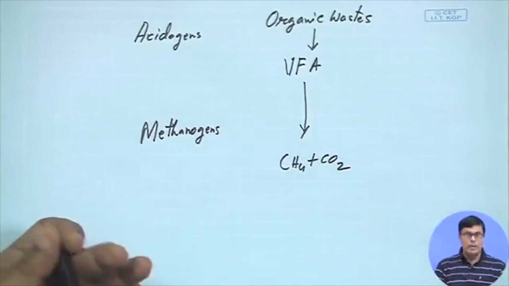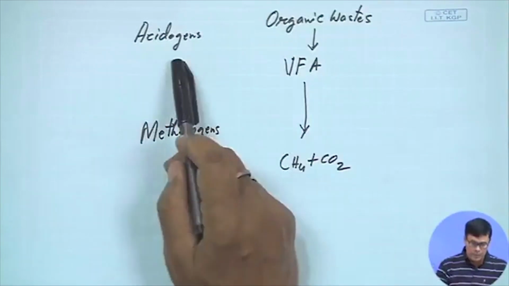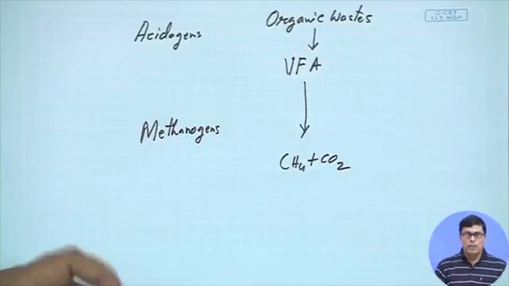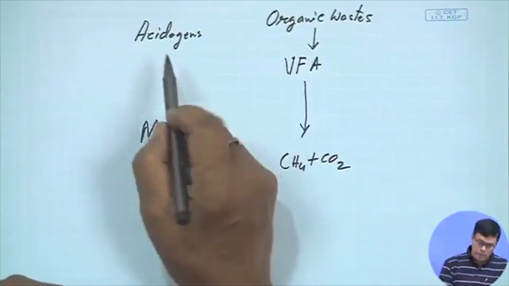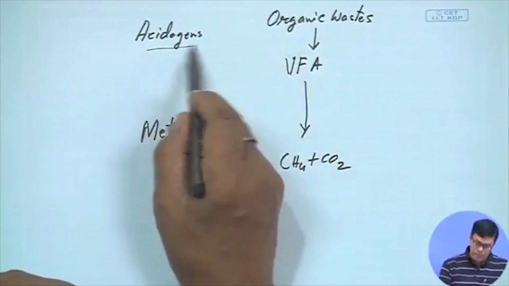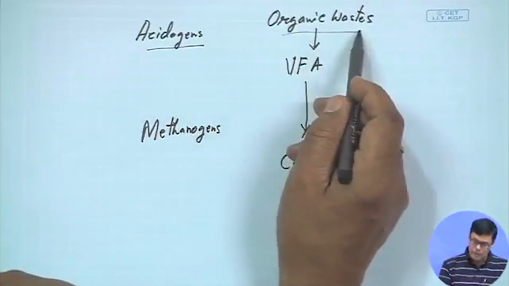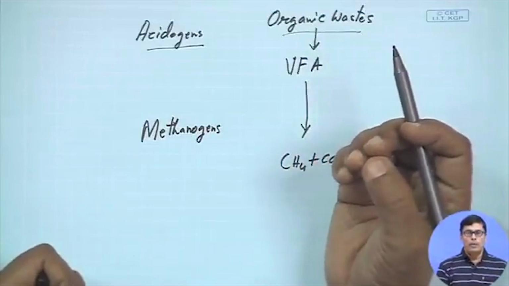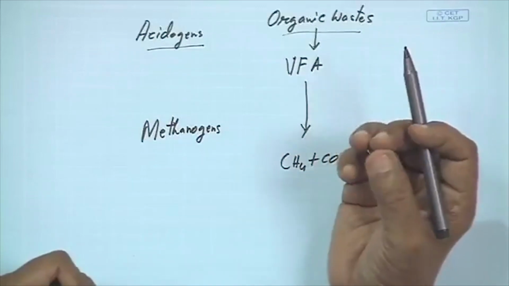If you look at the characteristics of the acidogens, the characteristics of the methanogens are totally different. The substrate required for acidogens is organic waste, which comprises different polymeric compounds, bigger molecules like cellulose, hemicellulose, starch, also protein and fats, that are hydrolyzed.